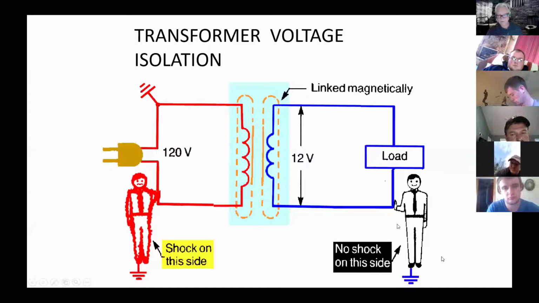So it's for safety. Another thing that they can use this for is this magnetic core that transfers the magnetic flux from the primary to the secondary. It can become saturated to where it just can't allow any more to flow through it.